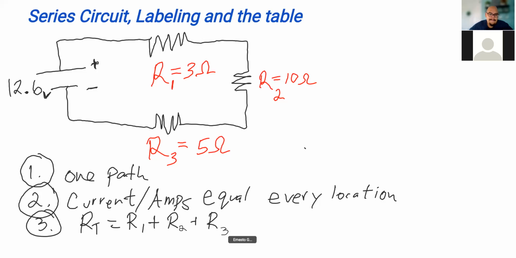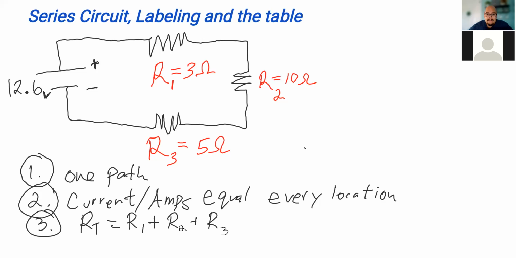In this case, there's only 3 resistors. Okay, so the T stands for total, and I'm adding up each individual resistor together to get the total resistance.